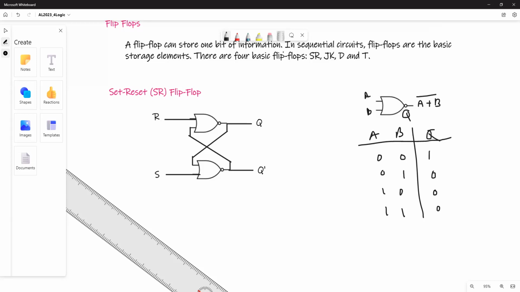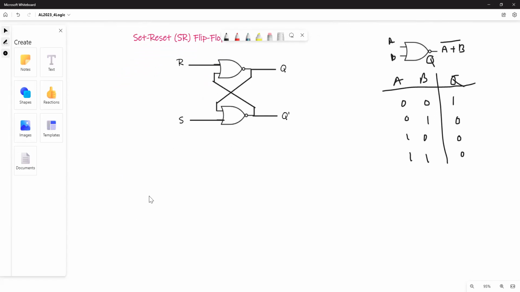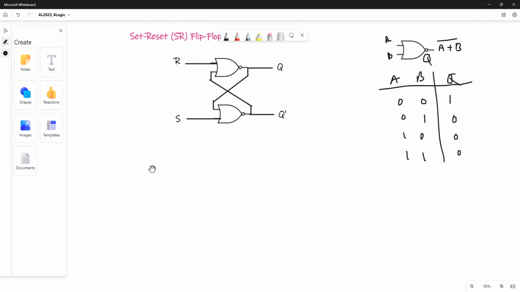Now that we have drawn the circuit, we can write down the truth table for this circuit. So let me start. Now, when you have the SR flip-flop, let's write down the values.